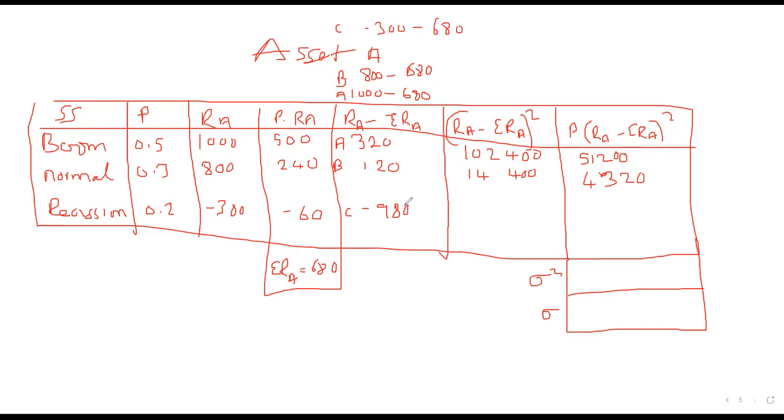We square it. You get 960,400. Then we multiply by 0.2, and we get 192,080.